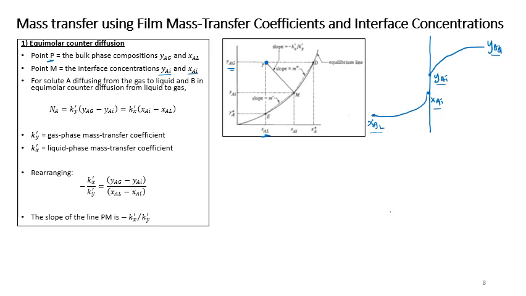So xAI and yAI you put on the x-y diagram. We mentioned previously that yAI and xAI can be related using the equilibrium relation. So if you have an equilibrium line drawn and you plot xAI, it will fall on the line, and it will have this yAI as the y coordinate. So this would be your point M.